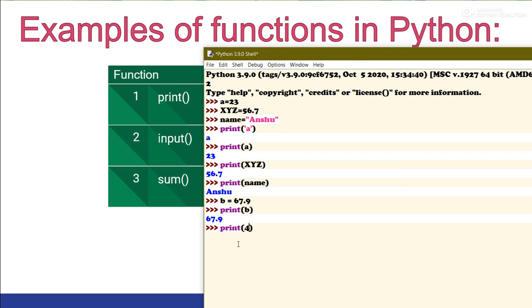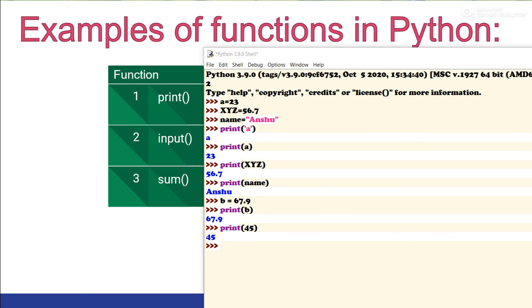For example, let me just show you print 45. This will perform a specific task, and that specific task is printing 45 on the screen. Basically, whatever we pass in between these parentheses, print will print that thing out, and that's its specific action. So I hope you got the point.